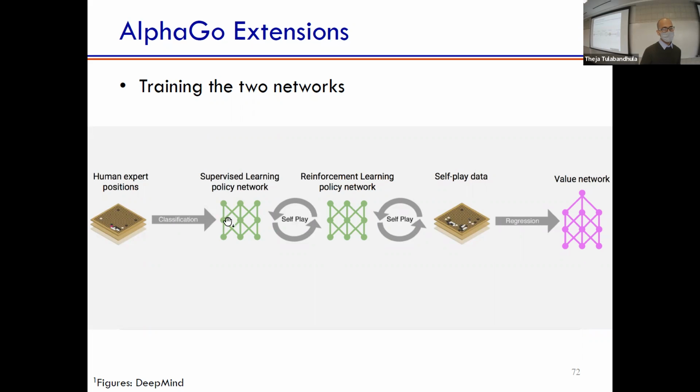Then what you do is use this policy network against itself, which is called self-play. You make a clone of the policy network, and one policy network is going to play the white player, the other is going to play the black player.